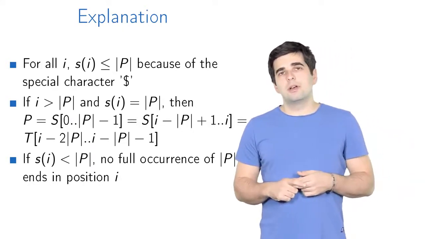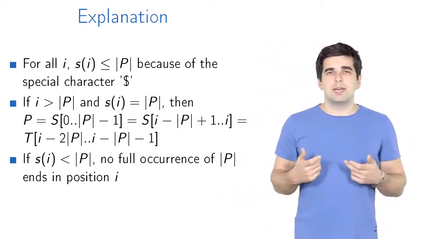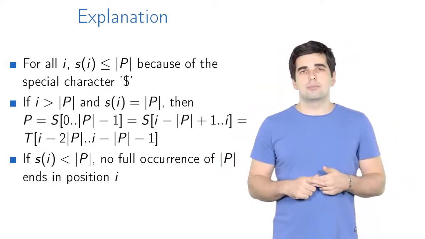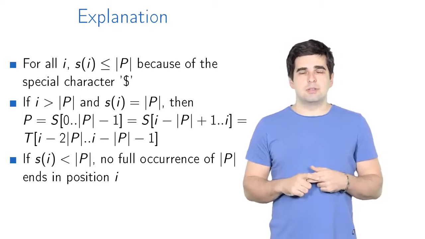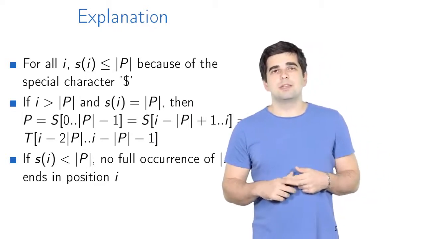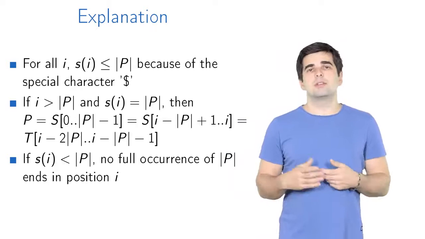However, if the prefix function in some position I is strictly less than the length of the pattern, then it means that the pattern doesn't end in that position in the string S. And that means that it doesn't end in the corresponding position in the text.